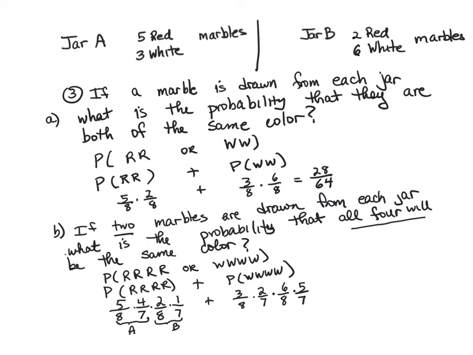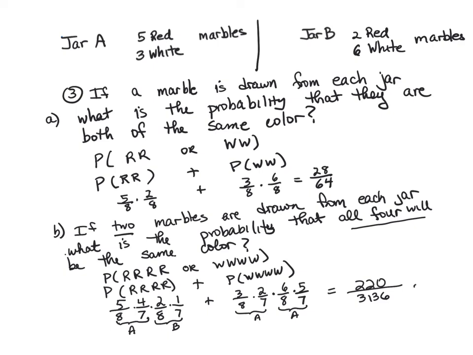And the same is true with 4 whites. The probability of picking a white marble the first time from jar A is 3 out of 8, but because there's 1 less white marble, the second time would be 2 out of 7. And then in jar B, there's 6 white marbles out of 8 times and 1 less white marble, 5 over 7.